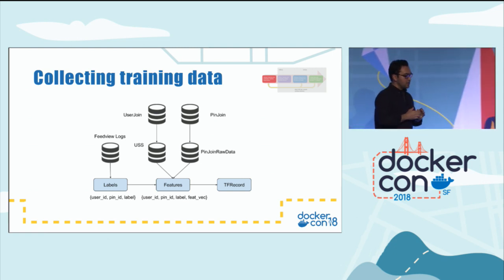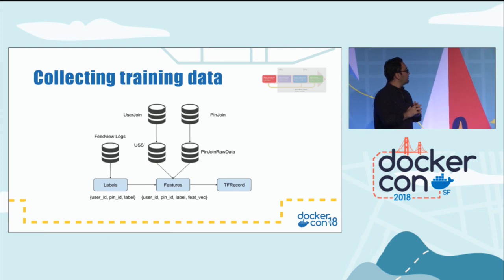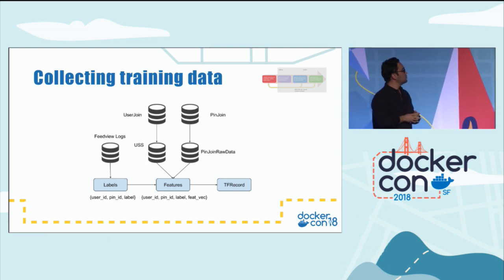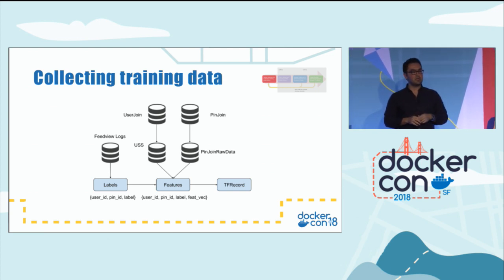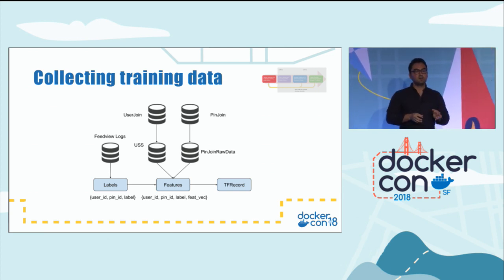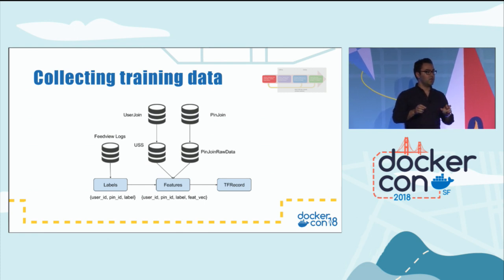So collecting training data, we have 2 main systems behind that. Let's start from left and walk towards the right. What we call feed view logs is in your home feed, anything you view, any action you take, we basically log that.